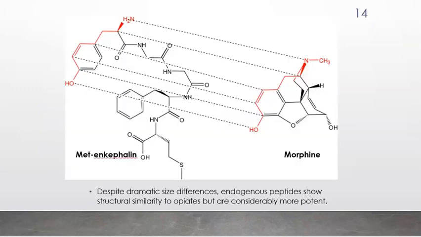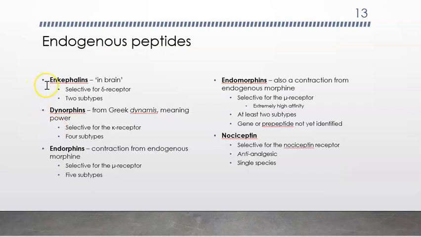Now, despite some dramatic size differences between our endogenous peptides and our natural opiates, they are considerably more potent. So we've got morphine here compared to one of our subtypes of our peptides. This is an enkephalin.